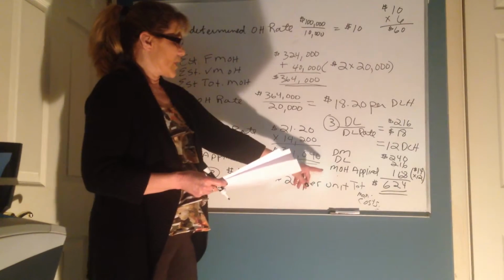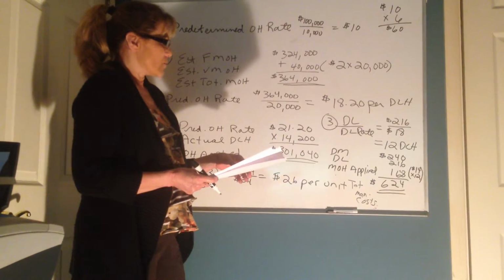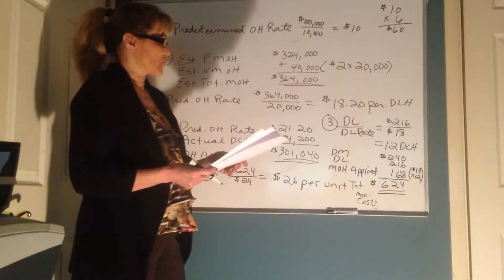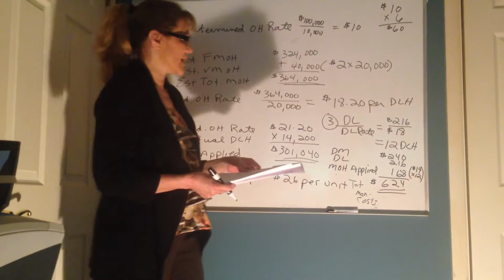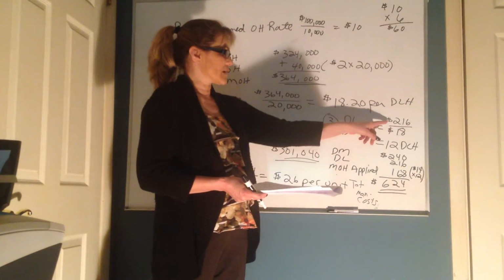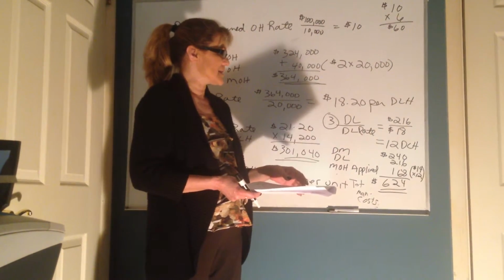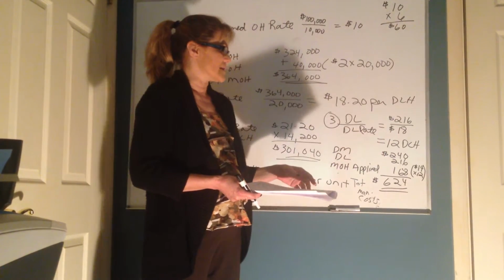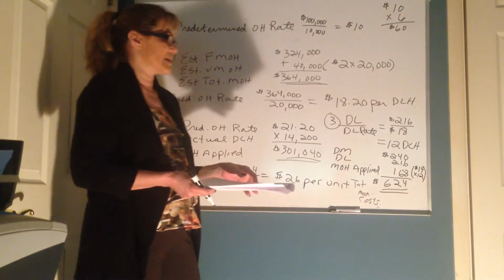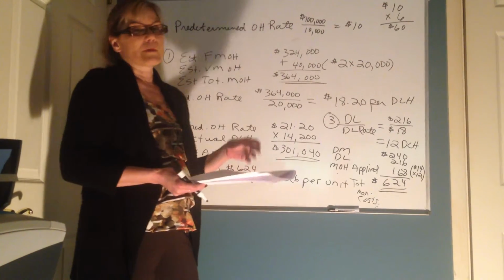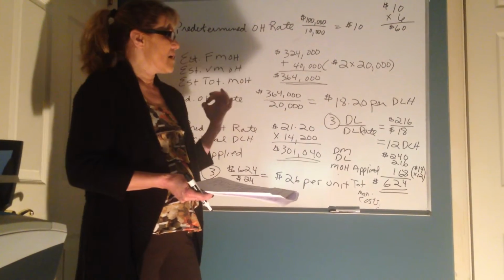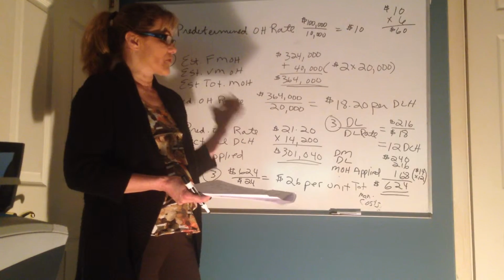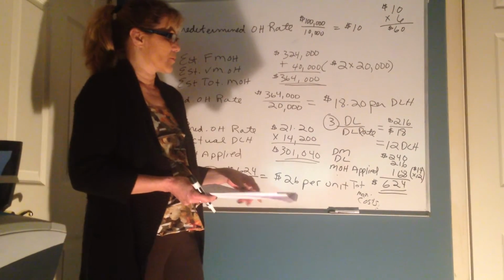The way we're going to figure out how many direct labor hours were worked, because that's how we apply our overhead, is we take the total direct labor cost, which is $216, divided by our direct labor rate per hour, which is 18, and that tells us 12 direct labor hours were worked. We apply $14 of overhead for every one direct labor hour worked.